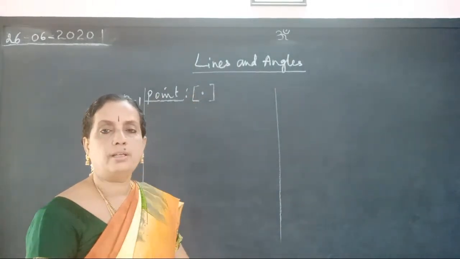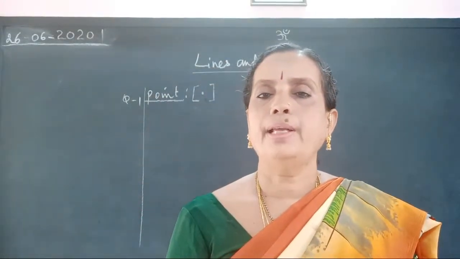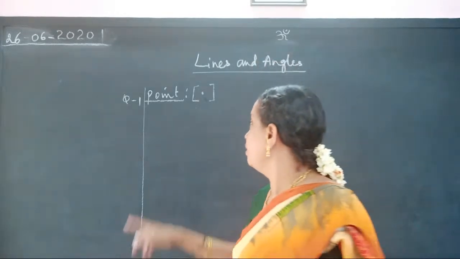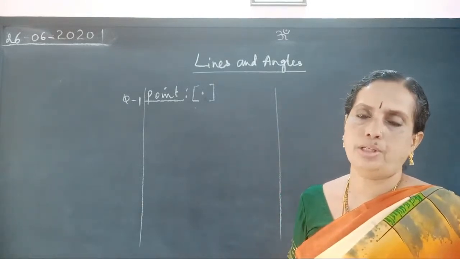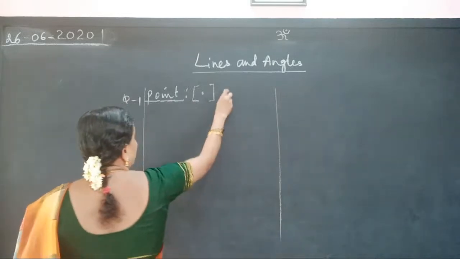So we define a point as a small dot made by a sharp pencil on a plane. Symbolically we write it as a dot.